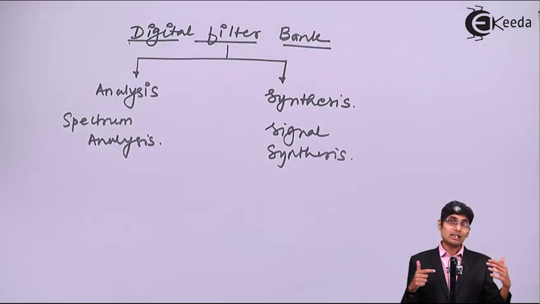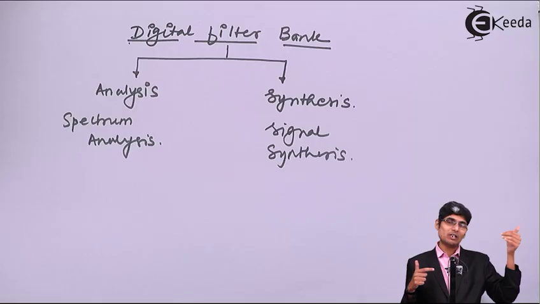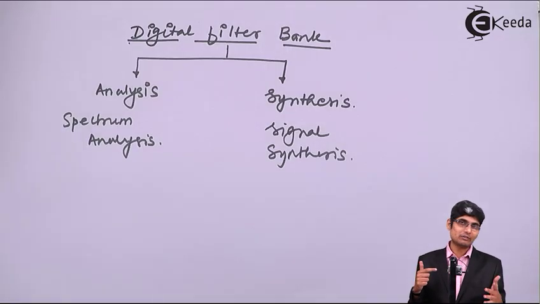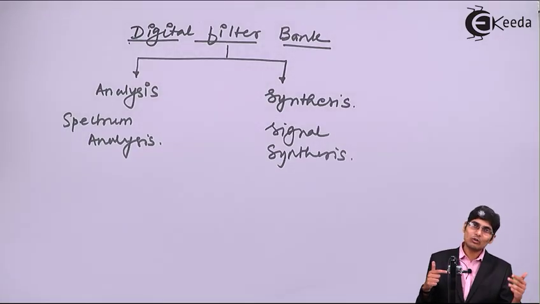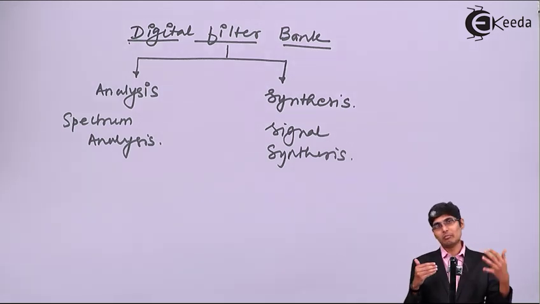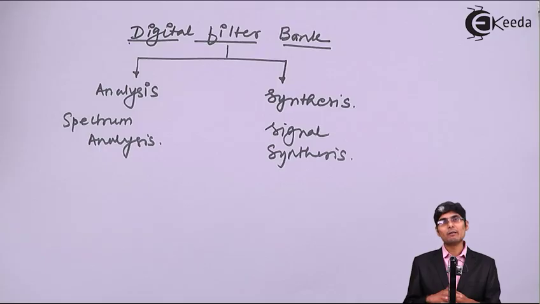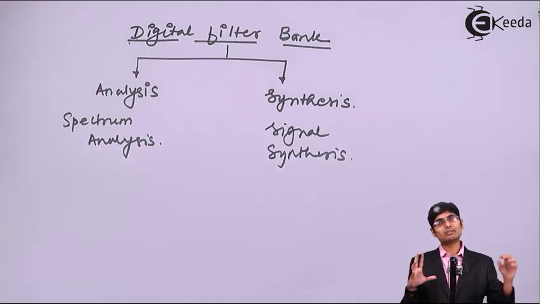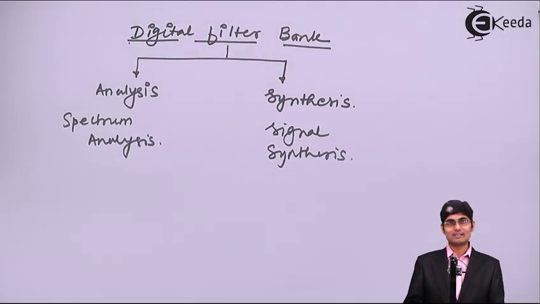It does not say that one input will correspond to one output only at a given time. It is not so. We will get outputs at all the values, all the outputs. So one input, many outputs for analysis bank, and many inputs, one output for synthesis bank.